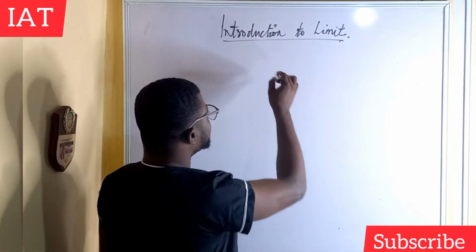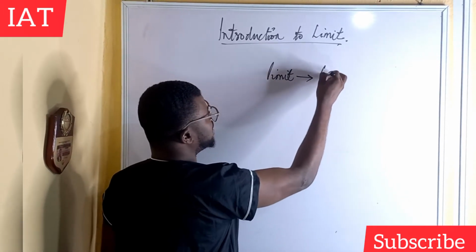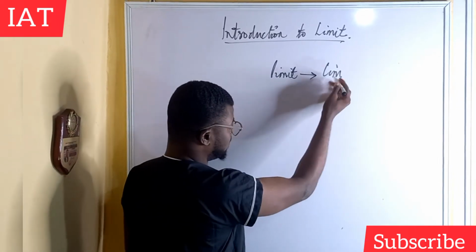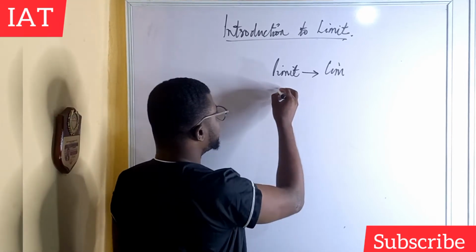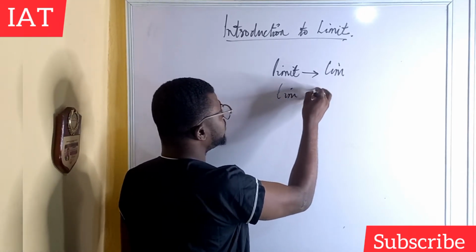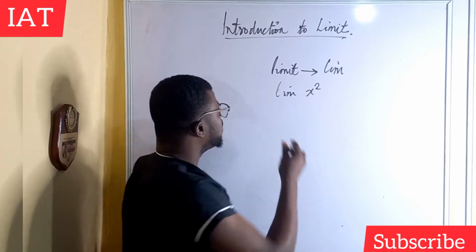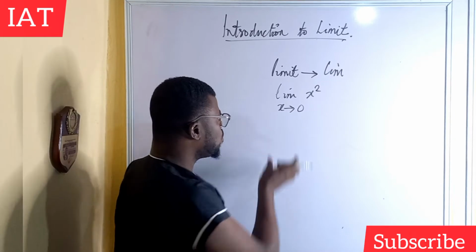So, limit can be written as lim. That is to say, the short way of writing this limit is lim. But the mathematical expression of it is lim x squared. I'm setting an example as x tends to 0. So what does this mean?